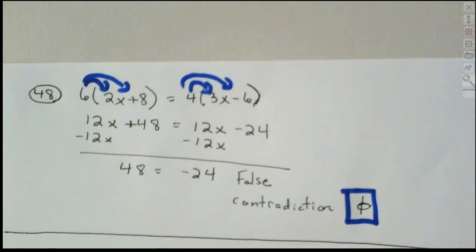Let's look now on page 130. Let's look at question 33. We've already done these in the previous section, but we're going to look at them again because now we just have more steps.